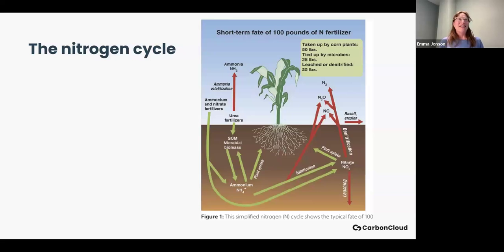That means that there is in many cases a lack of nitrogen, and if you give the plant more nitrogen, it will grow more. And nitrogen is an important part of amino acids and other structures in the plant.